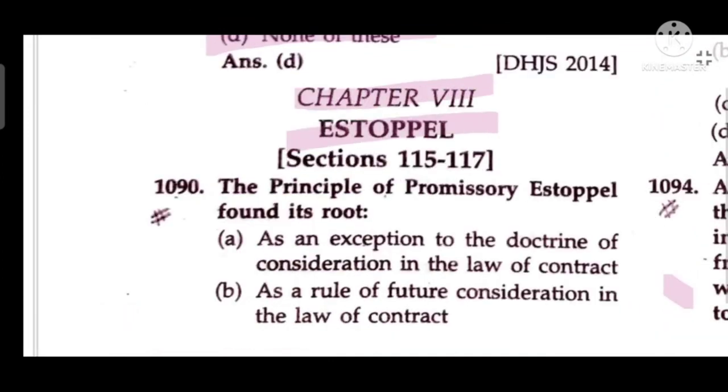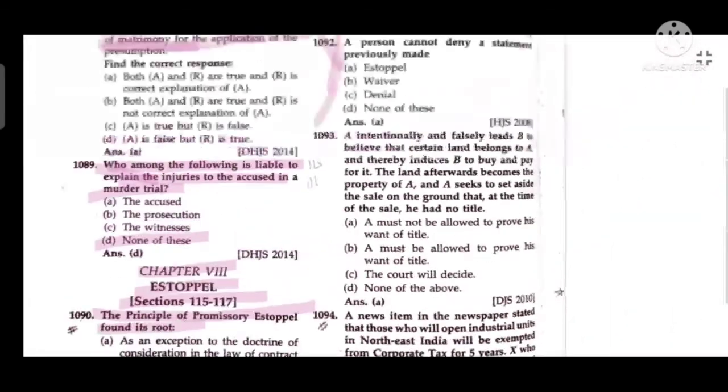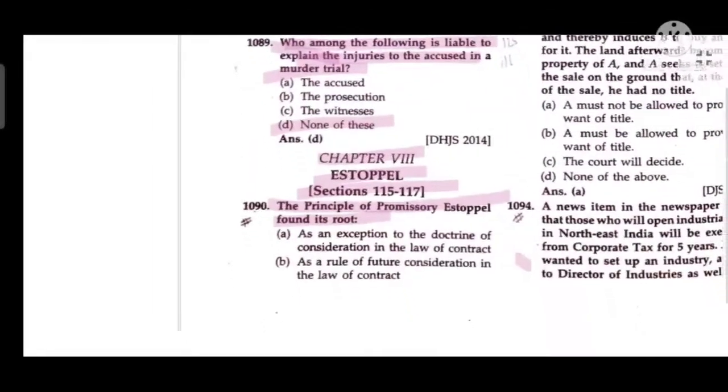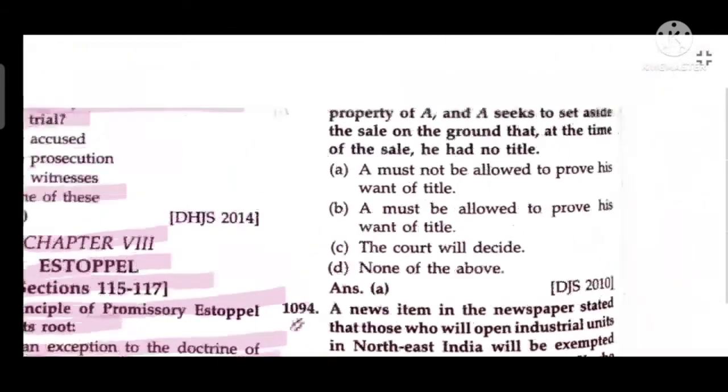Chapter 8, Estoppel, Sections 115 to 117. The principle of promissory estoppel found its root in... as an exception to the doctrine of consideration in law of contract.